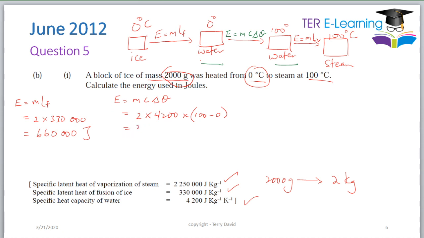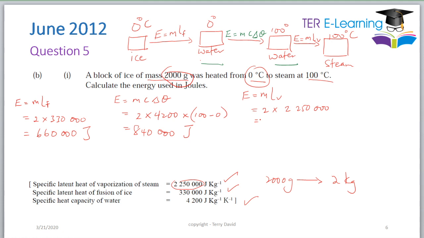Right? So this is 840,123 joules. So that is the second section. And then E equals mLV, which is 2 multiplied by the latent heat of vaporization, which is this number here. So that is 2,250,000. Now y'all could work in standard form, if you want.